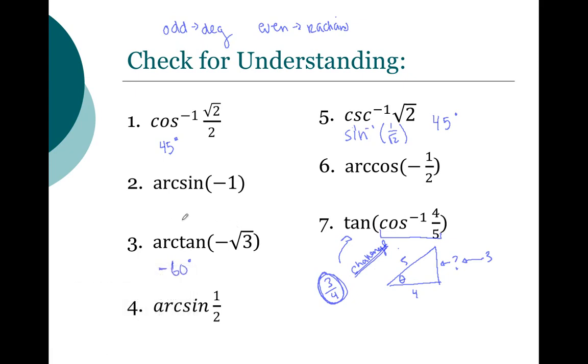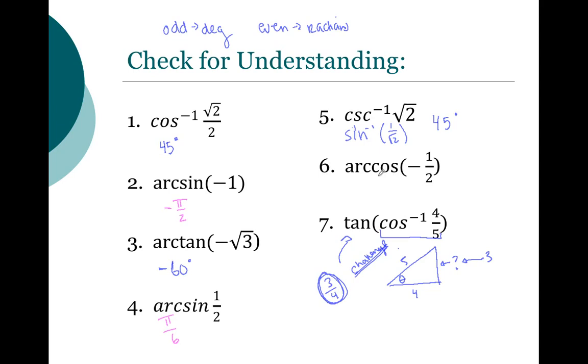And let's do these in radians. So the arc sine of -1, so where is sine equal to -1? It's going to be at negative pi over 2. Where is sine equal to 1/2? That's going to be in quadrant 1. So that will be pi over 6.